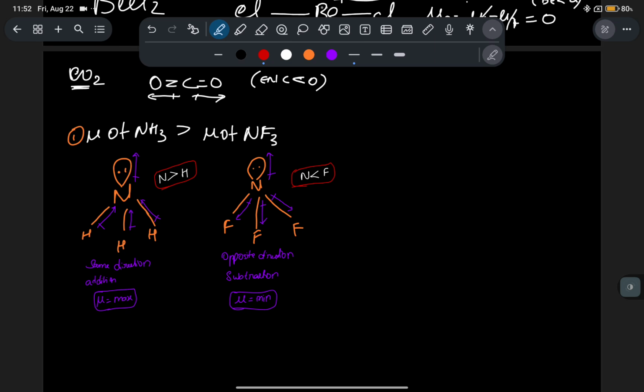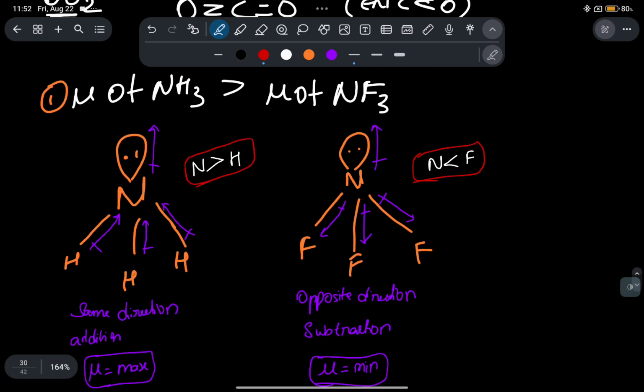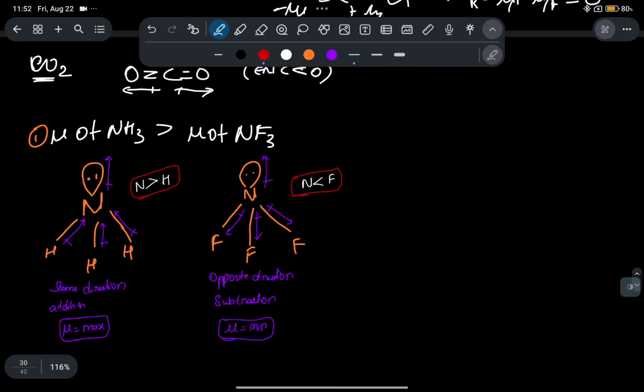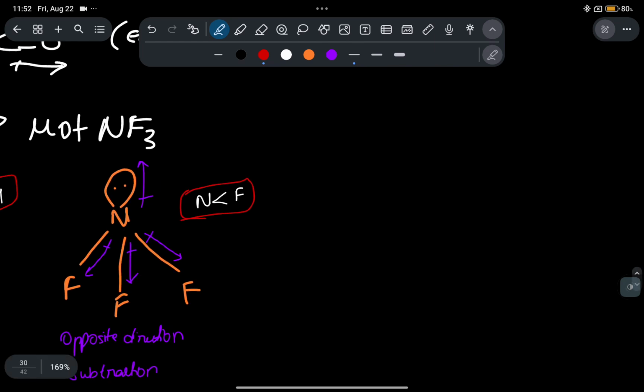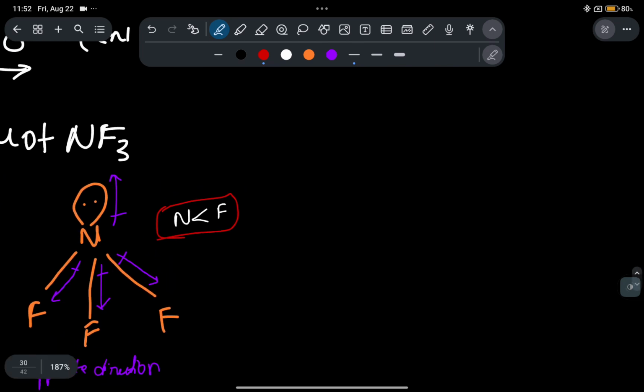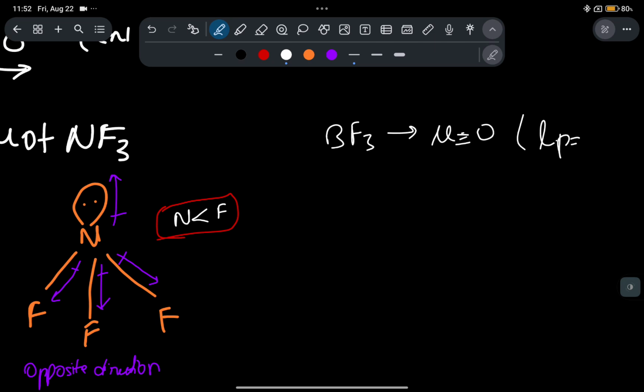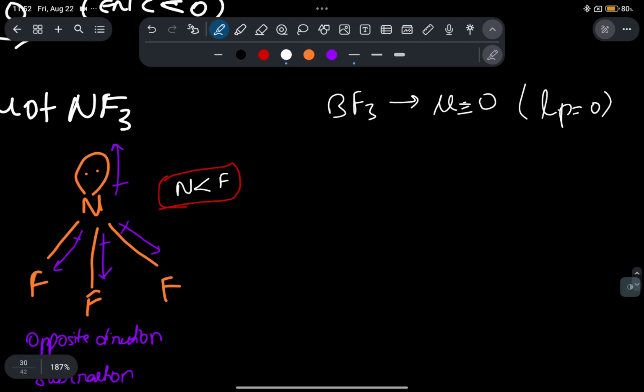If you see here, BF3. See here BF3. BF3 also mu is equal to 0 because it is symmetrical. Lone pairs are equal to 0. In the diagram, boron, here fluorine.